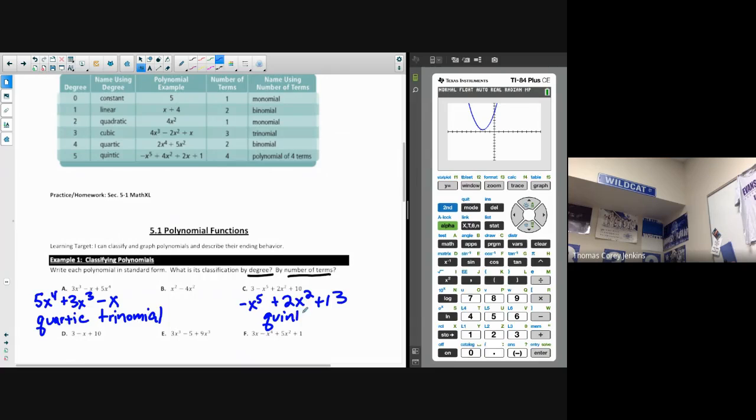And guys, to be honest with you, I don't memorize these terms. Obviously, quint means 5, but I would have to refer to this chart on some of these things. And then a polynomial of 4 terms.